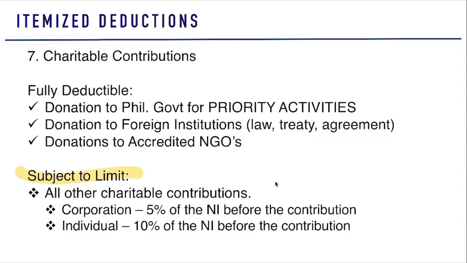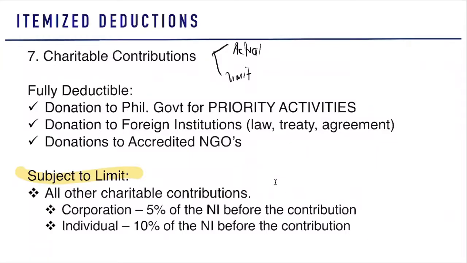charitable contributions. So under your charitable contributions, guys, not all types of charitable contributions are deductible in full. So this can be deducted based on actual amount or based on a limit. So the question is, when do we deduct at the actual amount and when do we deduct based on limit?